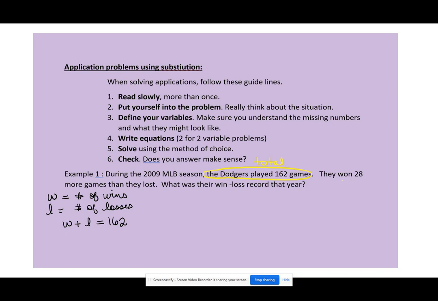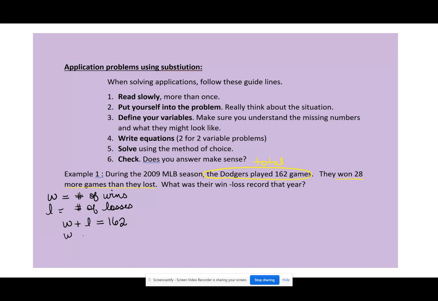The second one says they won 28 more than they lost. What that means is the win number is bigger than the loss number, and that's going to be important.